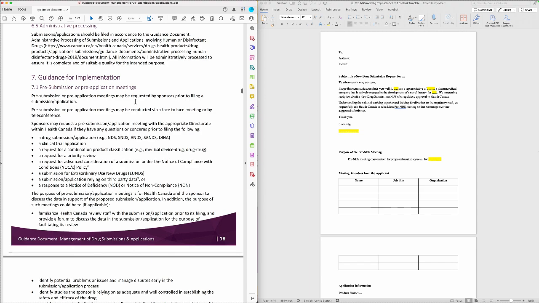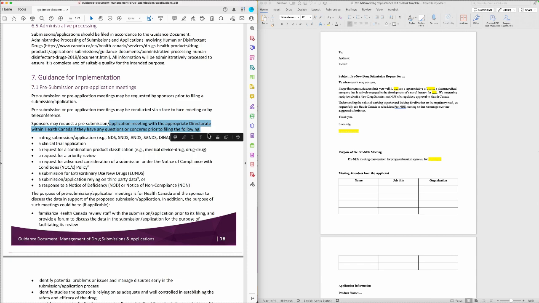So coming back to the regulations, I'm going to look into the text, section 7.1 of this guidance document on the management of drug submissions and applications for Health Canada. On the left side, it says that sponsors may request a pre-submission application meeting with the appropriate directorate within Health Canada if they have any questions or concerns prior to filing the following.